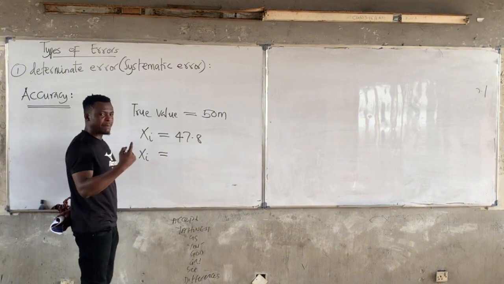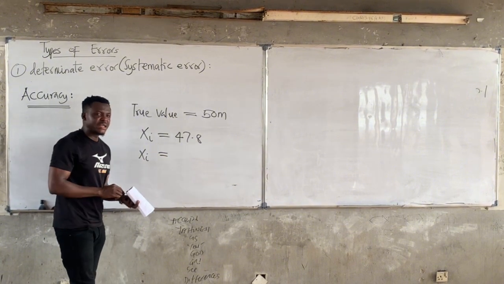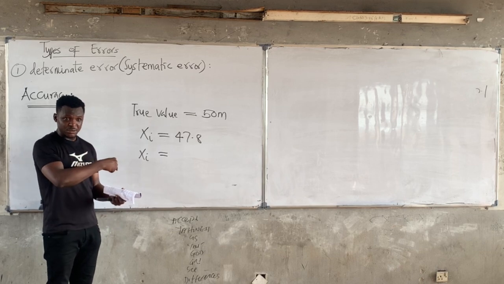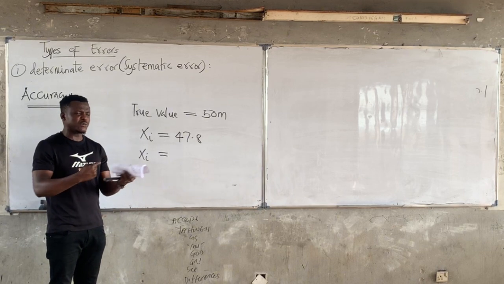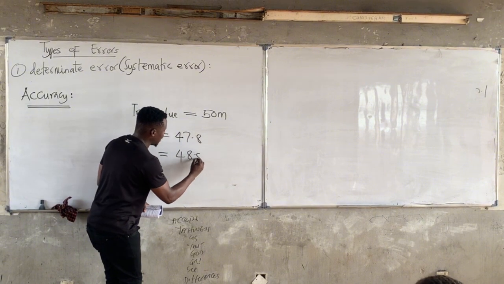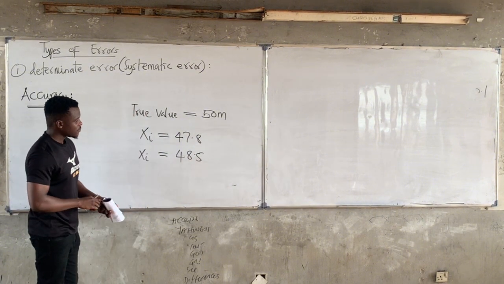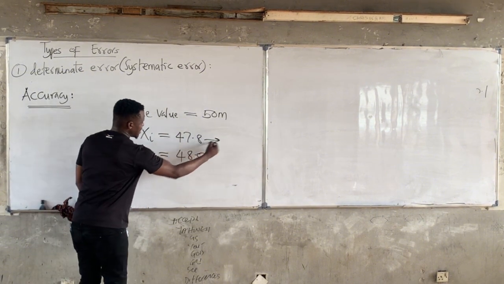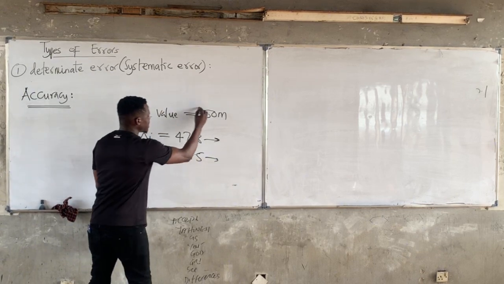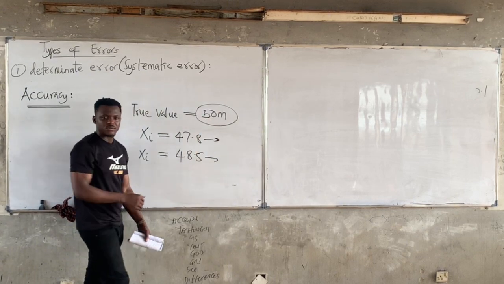Replicate means I'm carrying out the same measurement the same way as the first one, so obviously the answer is supposed to be close, right? Imagine the next one I have is 48.5. Class, this is the first attempt, this is the second attempt. Now, this is the true value.